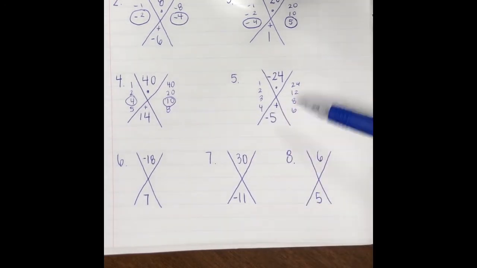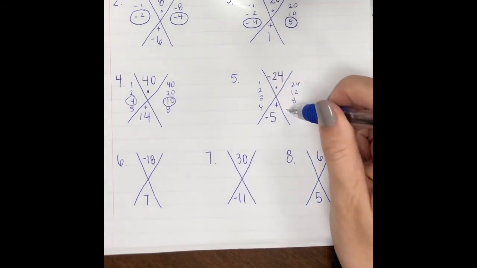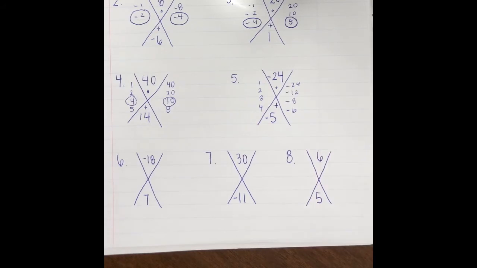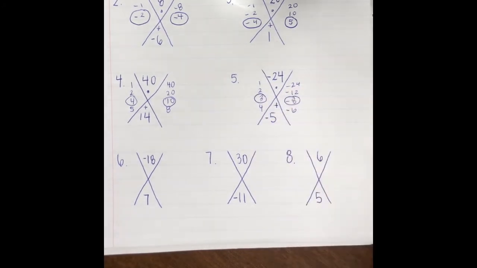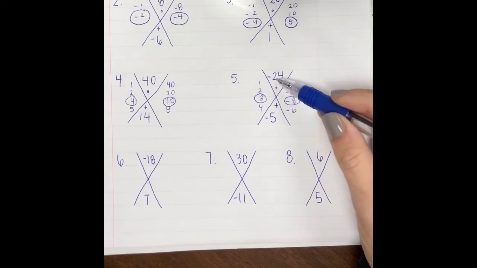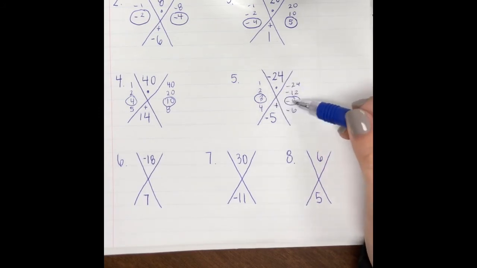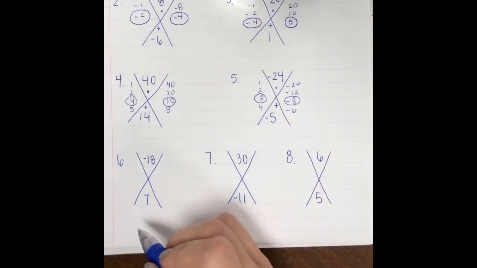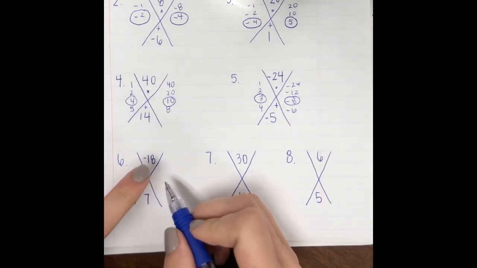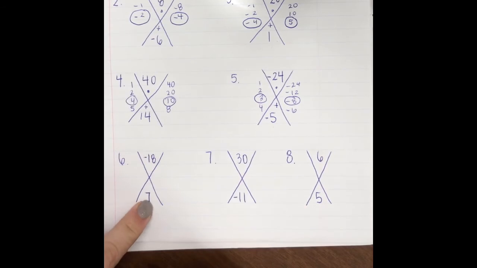So like I said, in order to stay negative when they add together, the larger number is going to be the one that's negative, okay? And the one that would work is going to be 3 and negative 8. 3 times negative 8 is negative 24, and 3 plus a negative 8 would be a negative 5, okay?